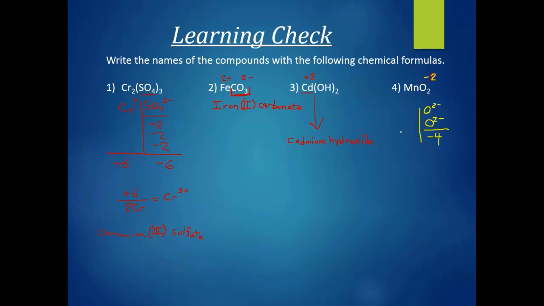Which means that the manganese has to be a charge of +4. So this is going to be manganese 4 oxide. Manganese 4 oxide.